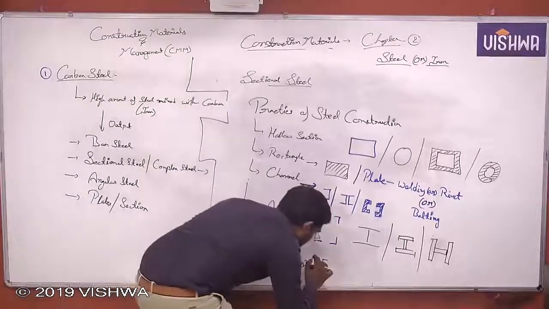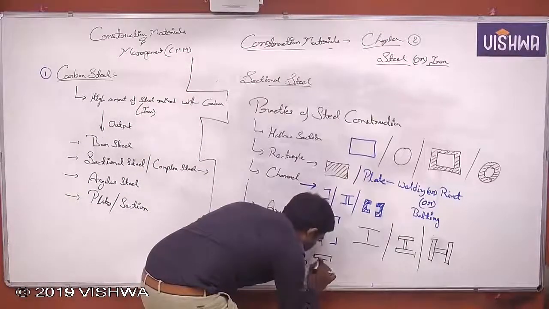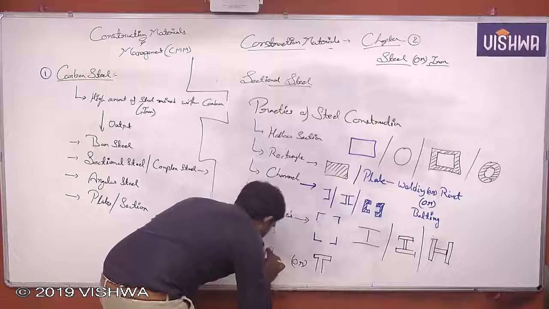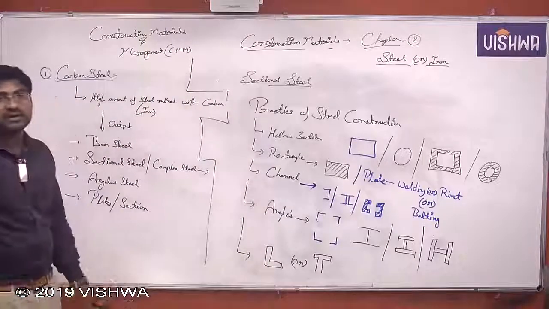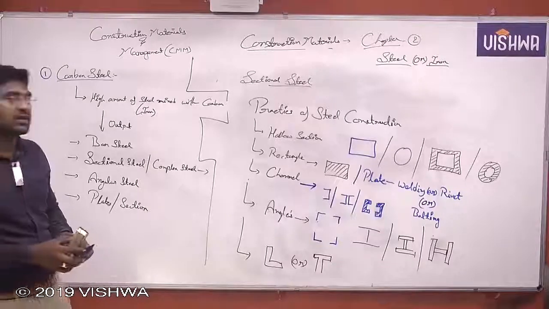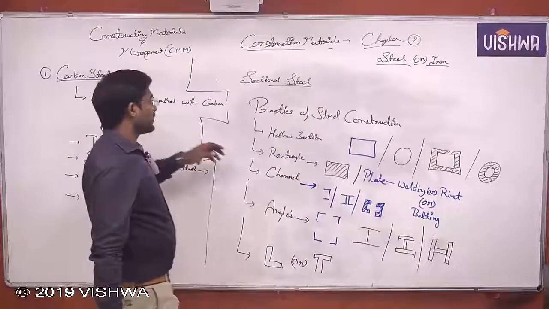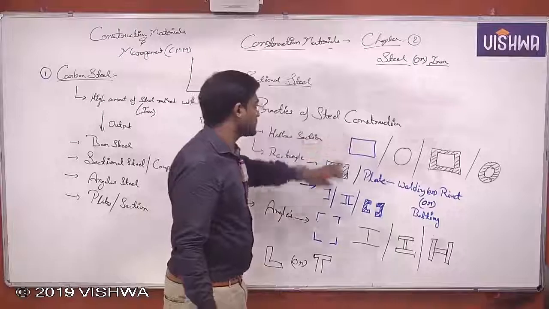So it might be turned in this way. So these are the general section properties that are available in and around the sources. So, the practice of steel construction.